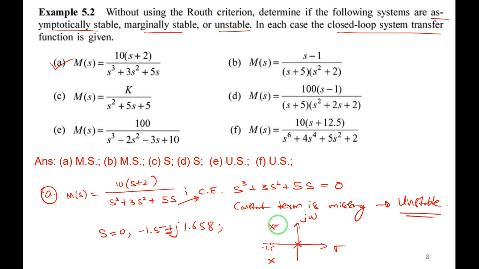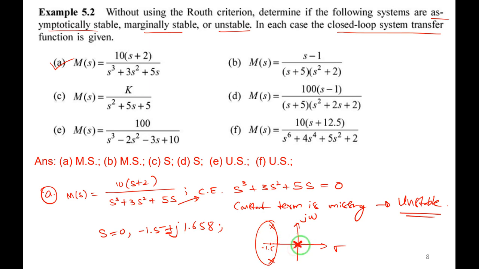Is it fine? I hope it is clear. But observe here, if only a single root is at the origin, what is the meaning of this? We will not worry about the other two roots because they are already lying in the left of the S plane.